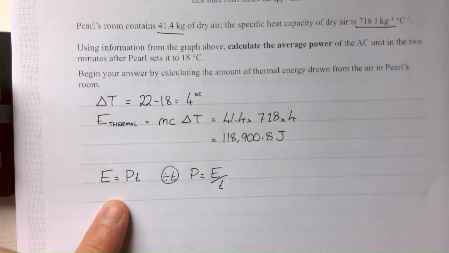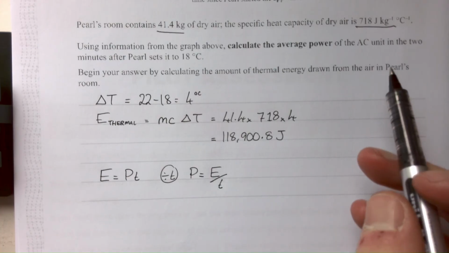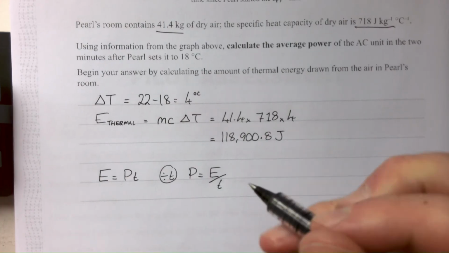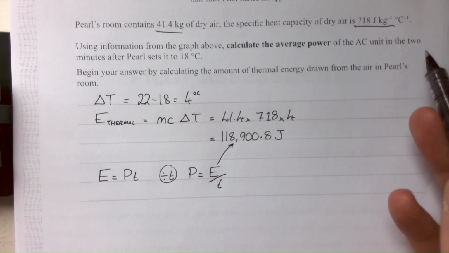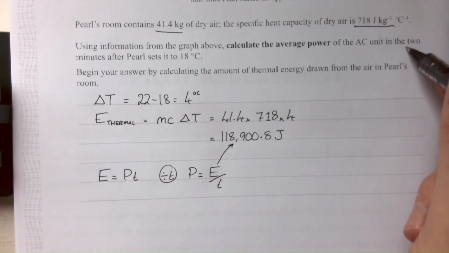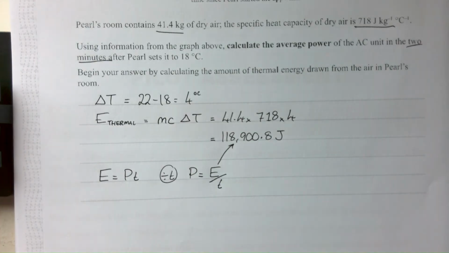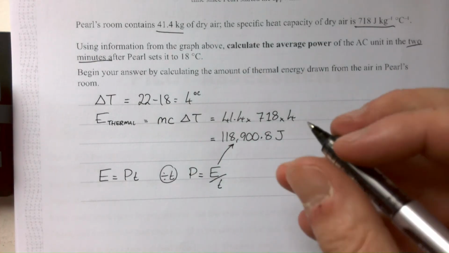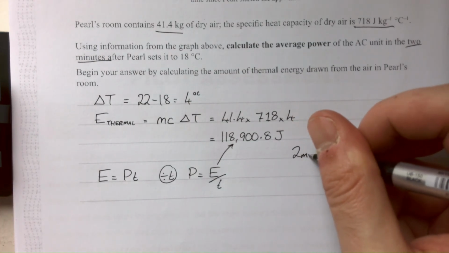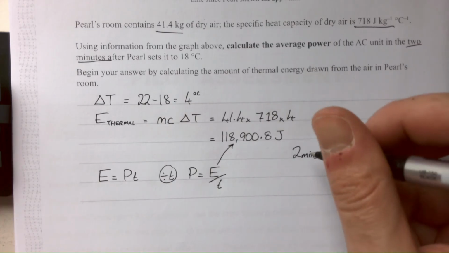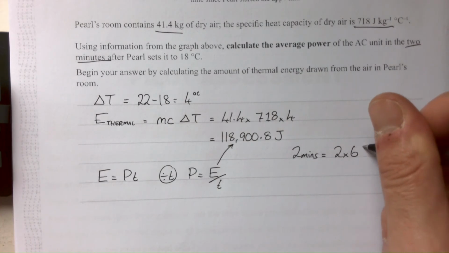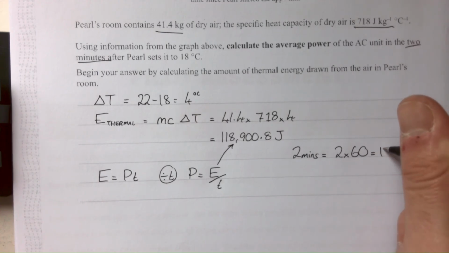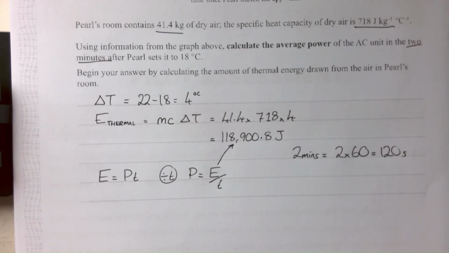Energy divided by time. Now the time taken for this to happen, we've just worked out our energy change up here. The time taken was 2 minutes. But just like before, we have to change that into seconds. Now 2 minutes, there's 60 seconds in a minute, so there's 2 lots of 60, 120 seconds.